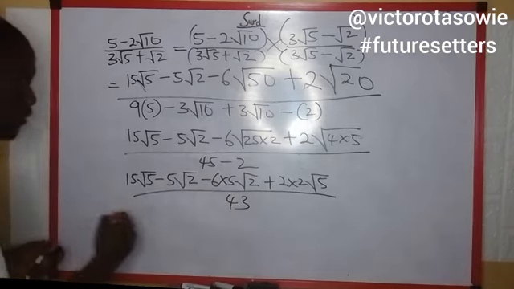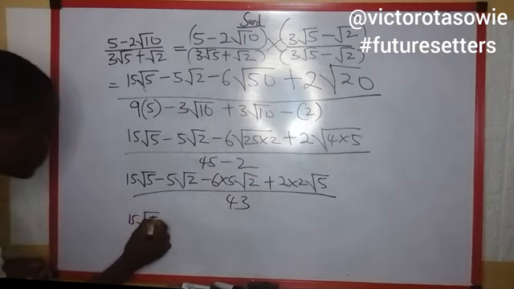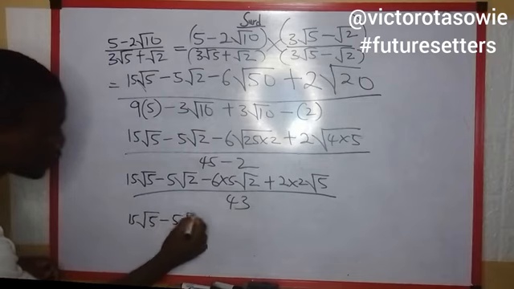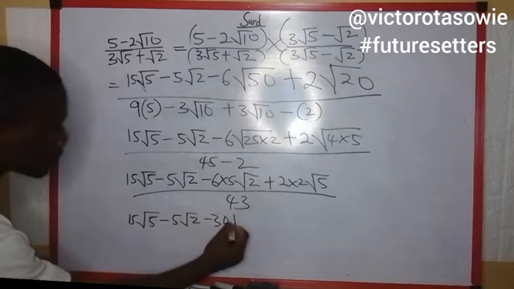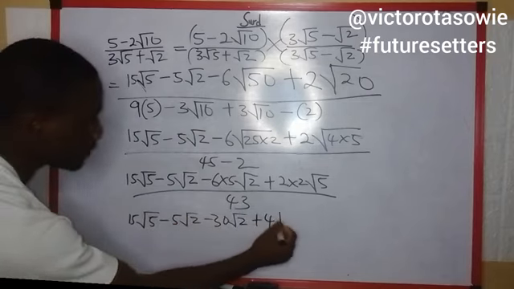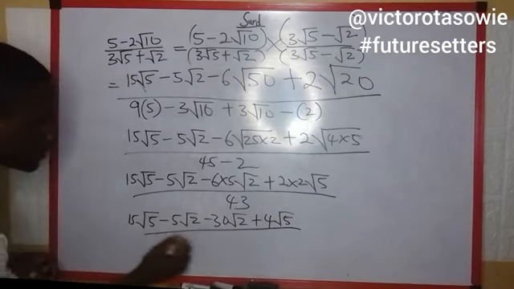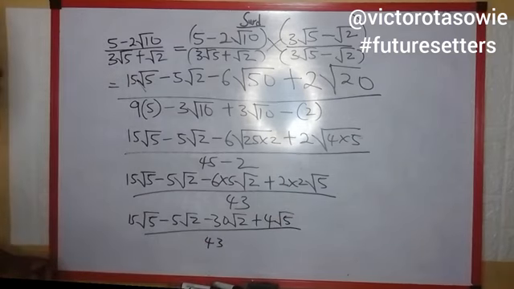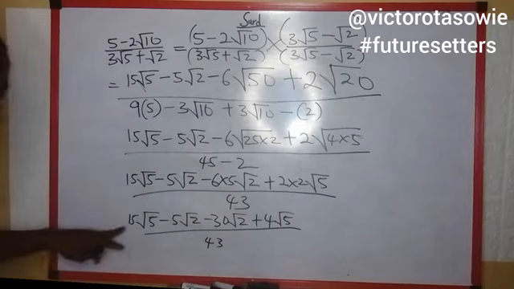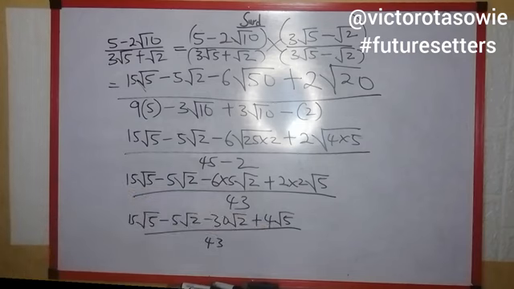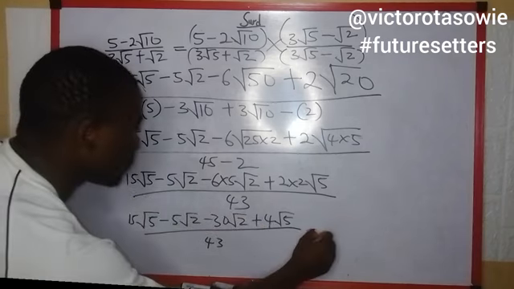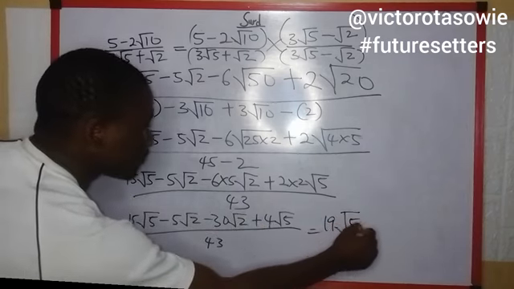Now what we have is 15 root 5 minus 5 root 2 minus 30 root 2 plus 4 root 5 over 43. Now the next step, we are going to check very well. Now we have something common: 15 root 5 plus 4 root 5 is going to give us 19 root 5.